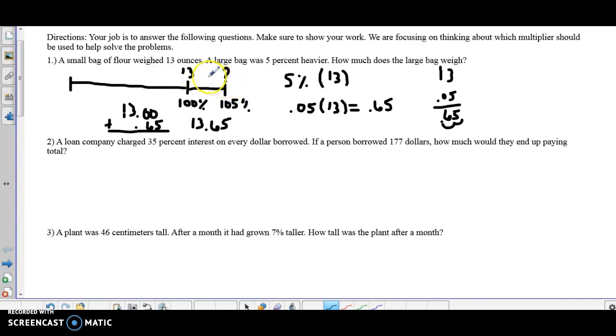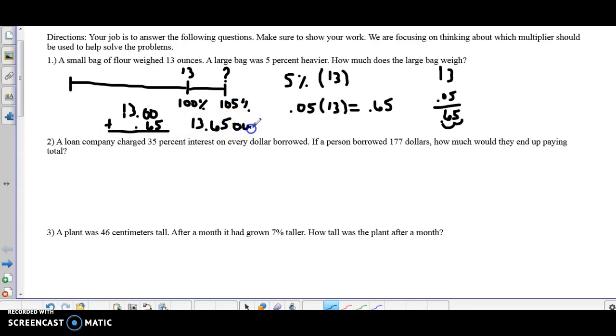The first step I did was I found out what 5% of 13 was by taking 0.05 times 13. And then I found that to be 0.65. And then I added that 5% to the 13 ounces, which I think before I might have said pounds, so I apologize if I did.